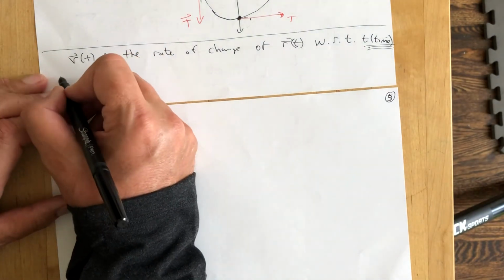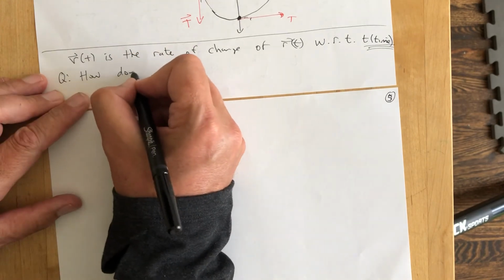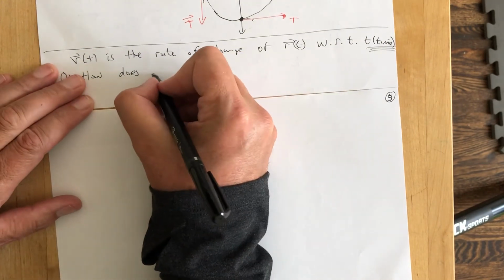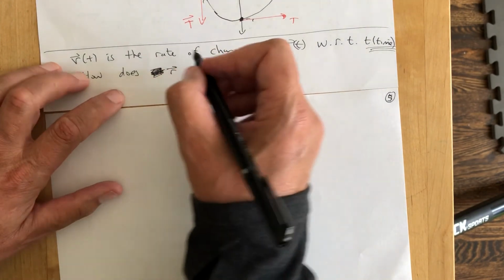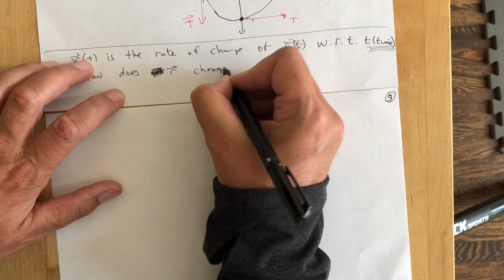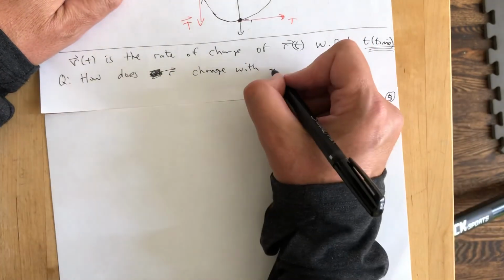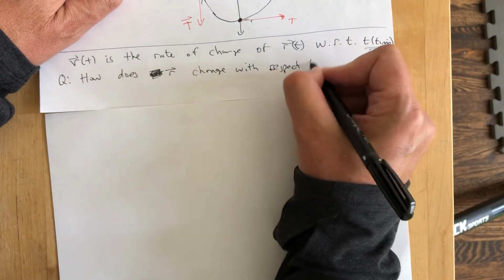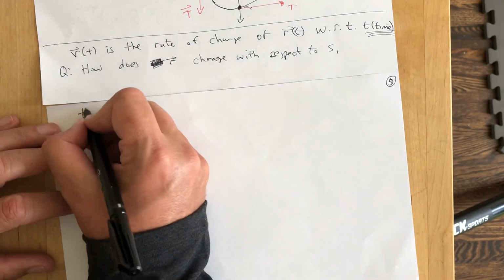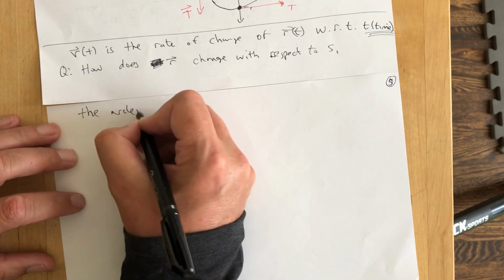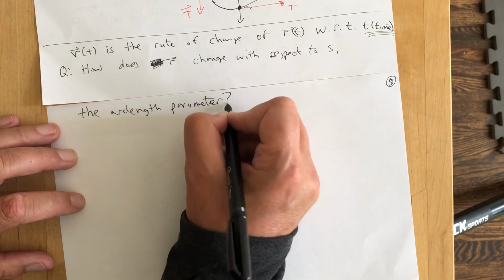And what we want to know is, here's my question. How does the position vector r change with respect to s, the arc length parameter?